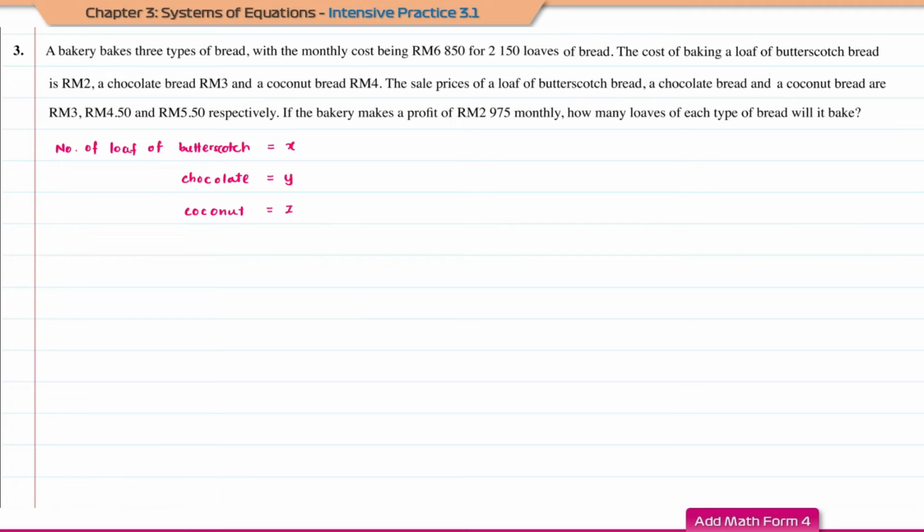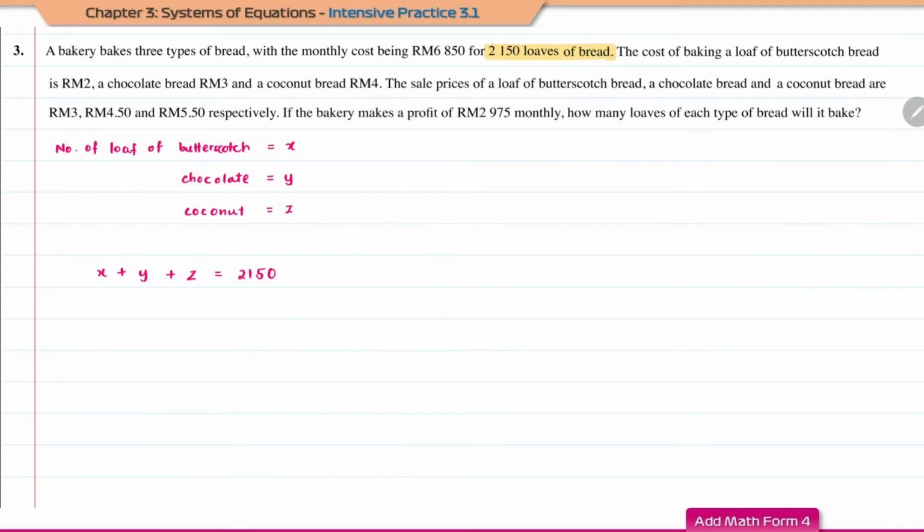So first, we have the information of this one. 3 types of bread, they are making 2,150 loaves of bread monthly. So the first one is going to be x plus y plus z for these 3 breads. They will have the total number of 2,150.